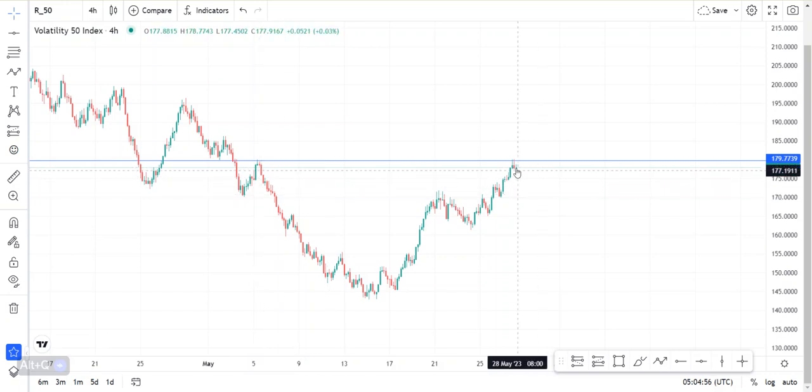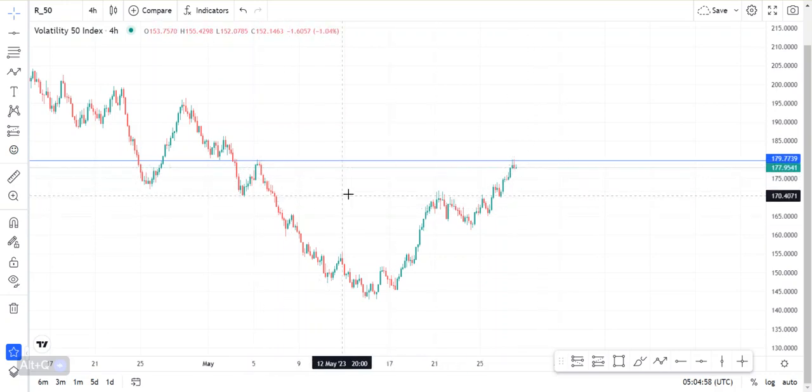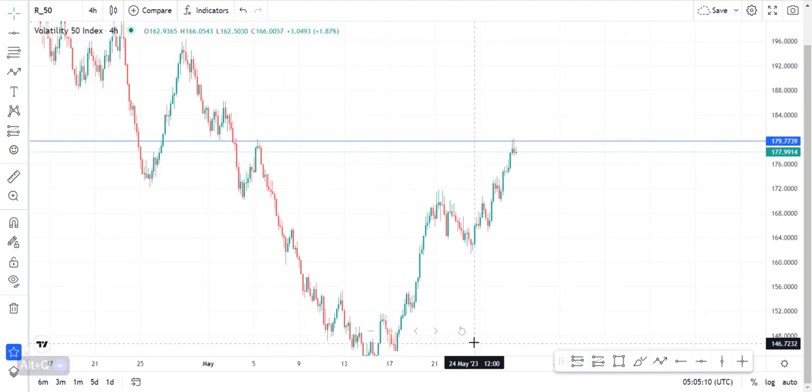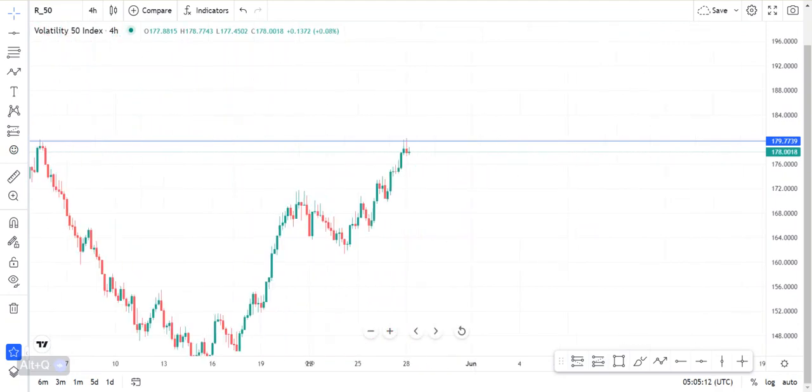The market went down, rejected at that zone, went down, then it's rejecting here. This is a bearish candle. On the 4 hours there are two bearish candles. This one engulfed the other one, so there is a reversal pattern here.